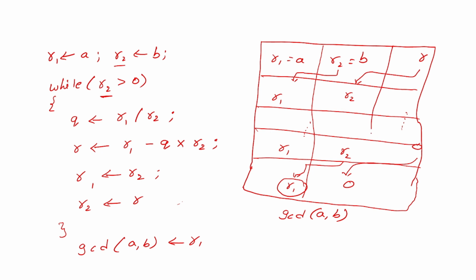Suppose, for example, if you take 36 and 10. So how to represent it in table format?